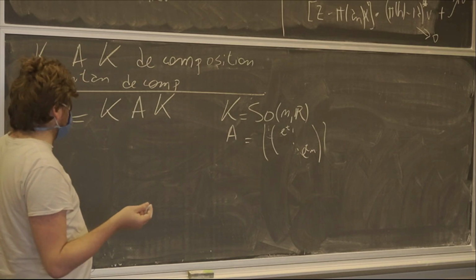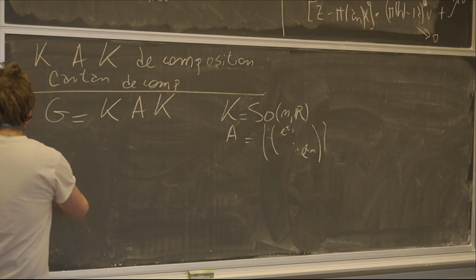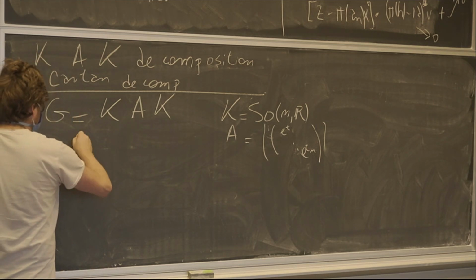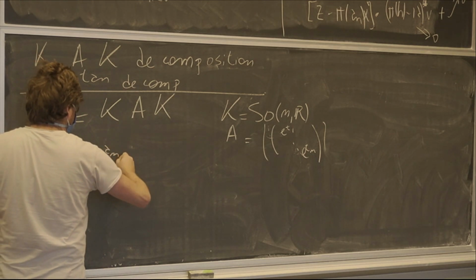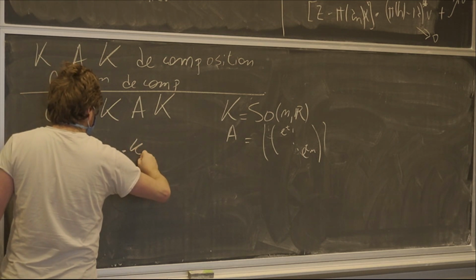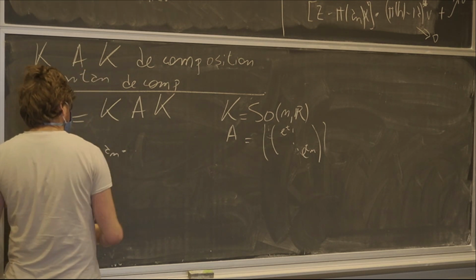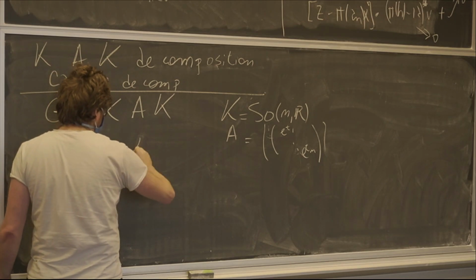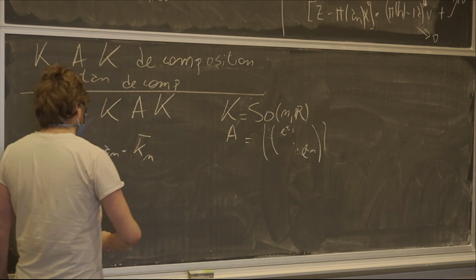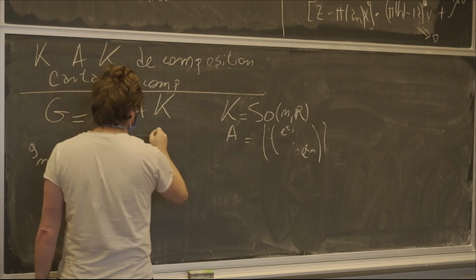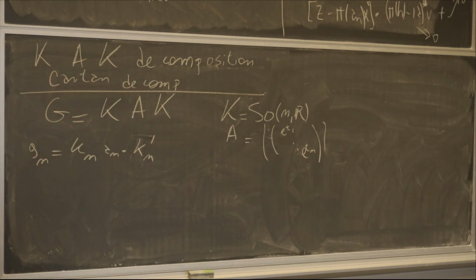But this is a very powerful thing, because then I take my sequence Gn and I write it as Kn, An, Kn prime, two compact guys.